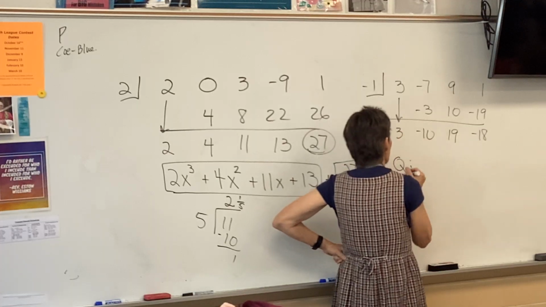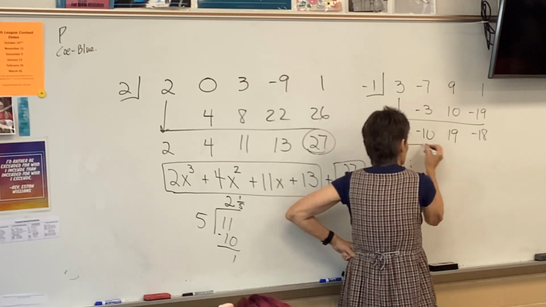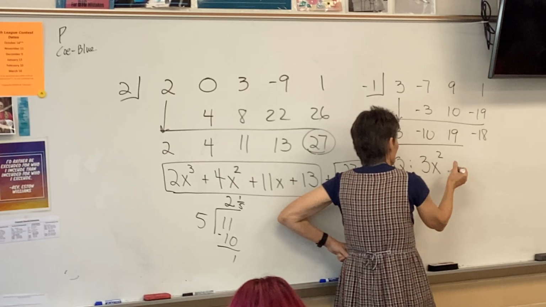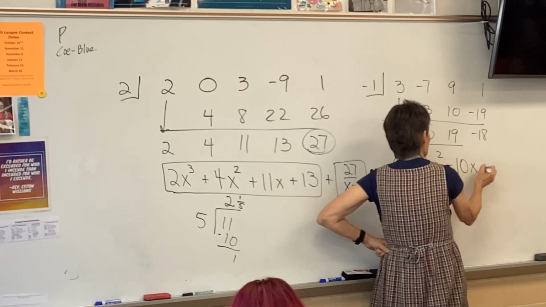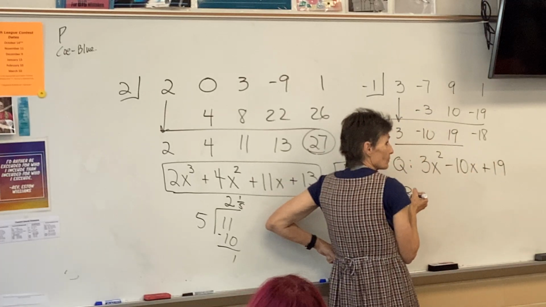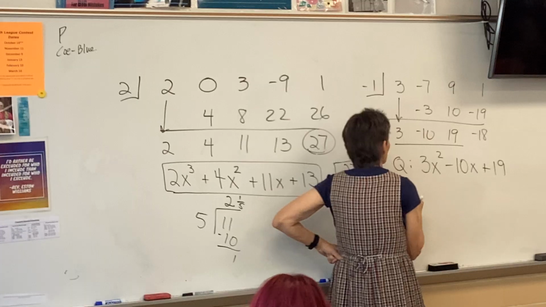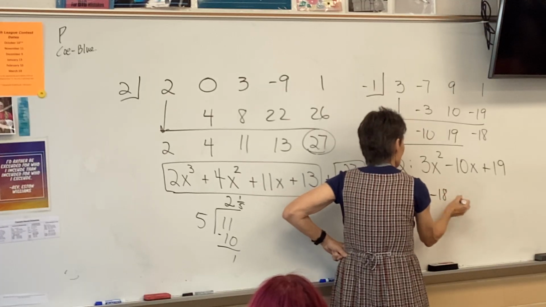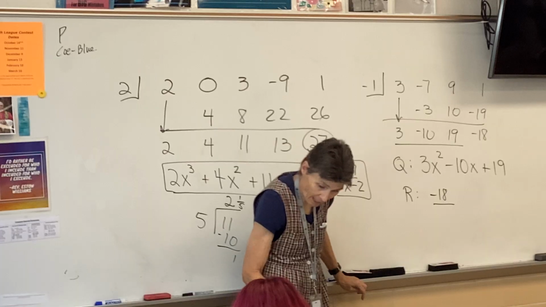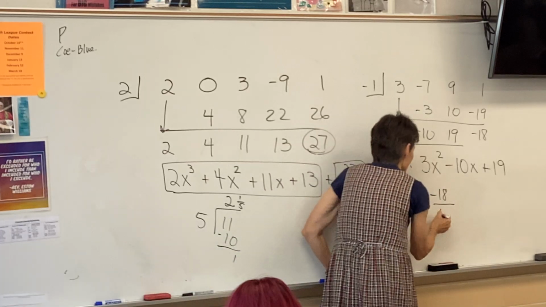So what's the quotient gonna be? This is the quotient: 3x squared minus 10x plus 19. And then your remainder is -18 over whatever you divided by, which was x plus 1.